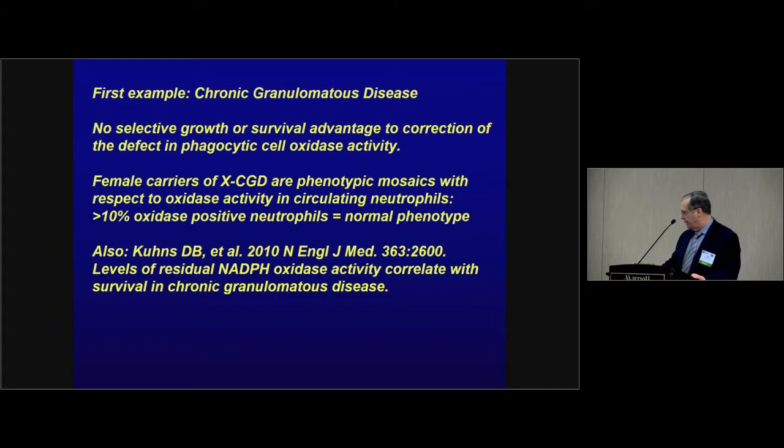We also know from a paper that the NIH group published in 2010 that even in CGD patients, if you look at the residual amount of superoxide, whatever it is, there's a high correlation with long-term survival. So it suggests that any level of correction that you can increase this matters.